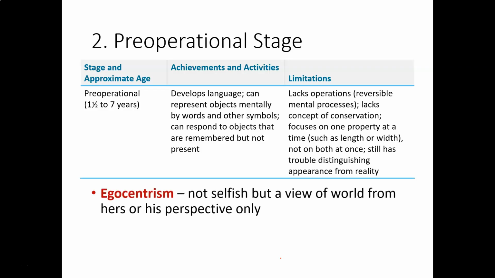One of the things that this stage also demonstrates, and it's not necessarily a good thing, is called egocentrism. Egocentrism is not selfishness, but the lack of recognition that their view of the world is different from those of others. They view the world only from their perspective and assume that everybody else is experiencing the world just like they are.